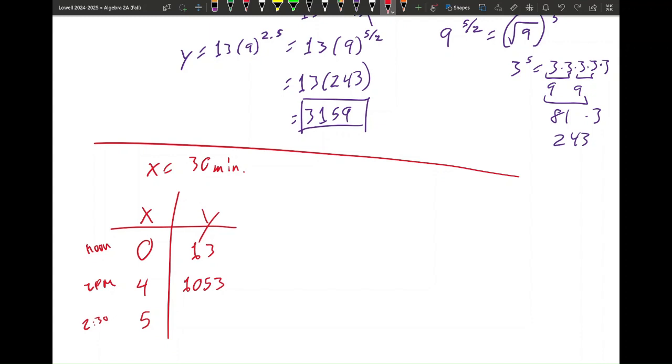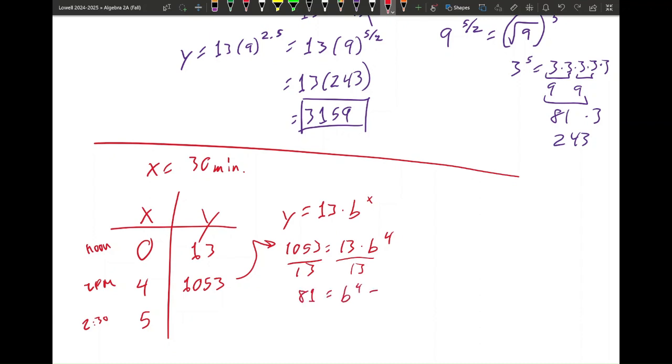I can still find my multiplier the same way as before. So y equals 13 times b to the x. I'll plug in this point to get 1053 equals 13 times my mystery multiplier raised to the 4th power. Just like before, I'll divide by 13 and get 81. Therefore b is the 4th root of that, which is 3.